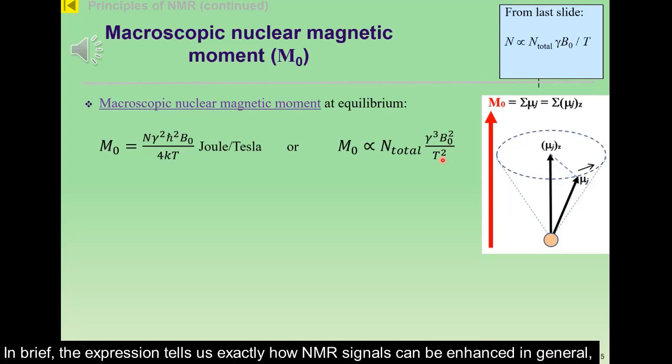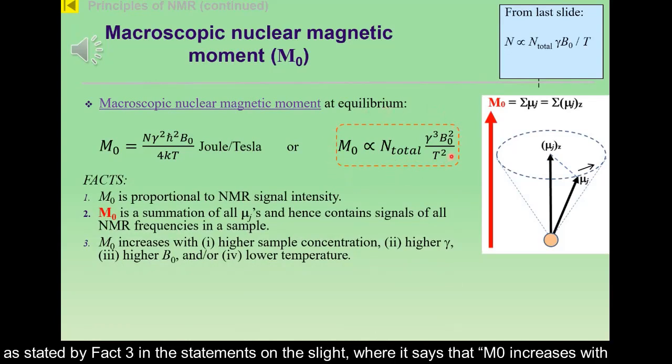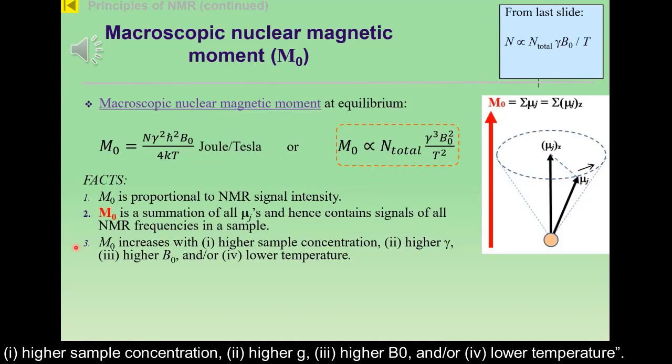In brief, the expression tells us exactly how NMR signals can be enhanced in general, as stated by fact 3 in the statement on the slide, where it says that M0 increases with 1, higher sample concentration, 2, higher gamma, 3, higher B0, and 4, lower temperature.